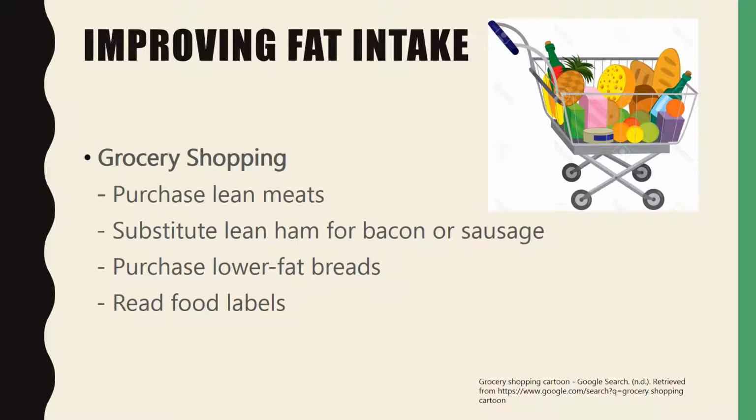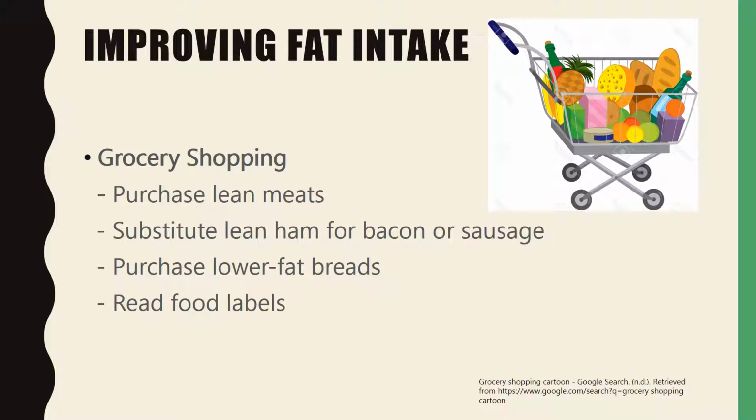Another way to improve fat intake is by simply paying attention to what you buy in the grocery store. Simple changes in the grocery store can make a big impact on the amount of saturated and trans fat consumed. A couple good tips to remember when grocery shopping are to purchase lean meats, and purchase ground chicken or turkey without skin to mix with or substitute for lean ground beef.